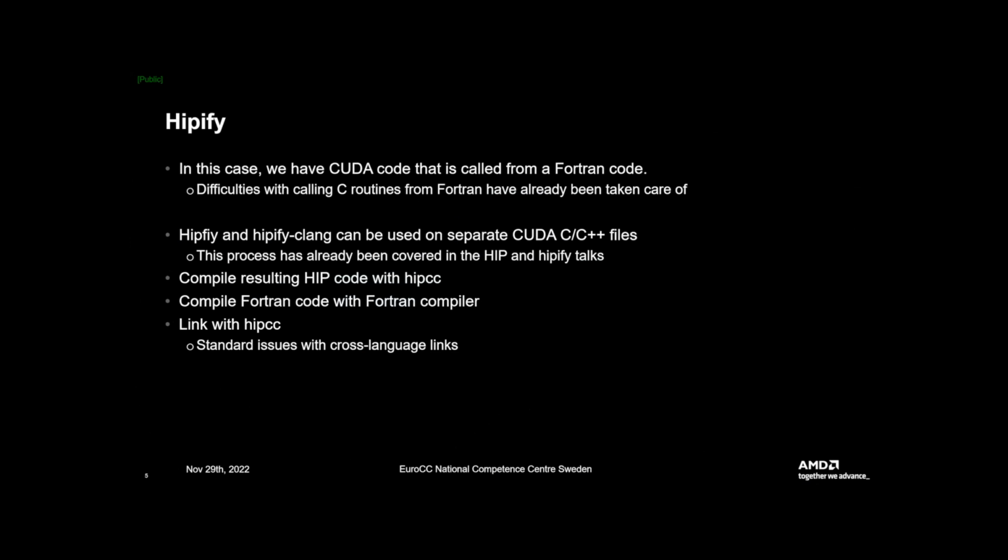With CUDA code, we can convert the CUDA code, and it's basically the same process as C. We're going to replace all the CUDA calls with HIP calls. Then you just have to call those routines from Fortran, which you should already be doing if you're calling the CUDA routine. So that's a fairly straightforward process.